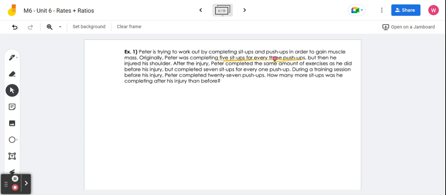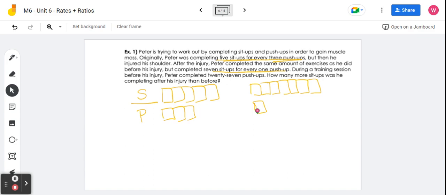So we're going to say sit-ups, push-ups, and we see it's 1, 2, 3, 4, 5 sit-ups for every 1, 2, 3 push-ups. But then Peter injured his shoulder. After the injury, Peter completed the same amount of exercises as he did before, but completed 7 sit-ups for every 1 push-up. So 1, 2, 3, 4, 5, 6, 7 for every 1 push-up.